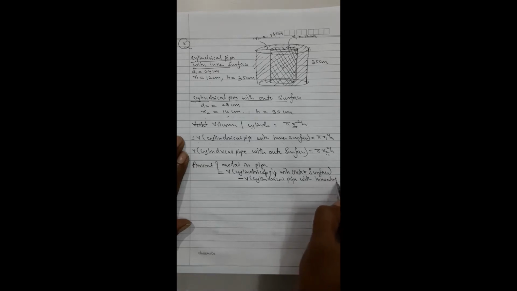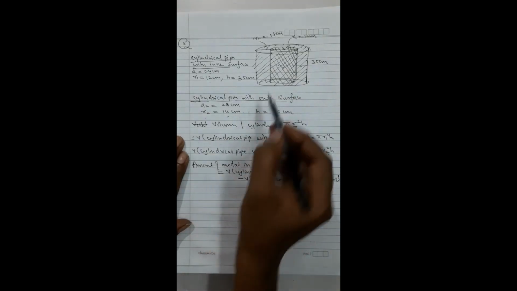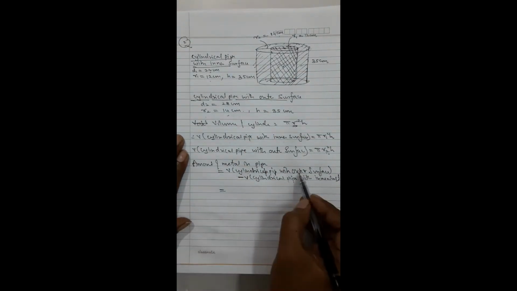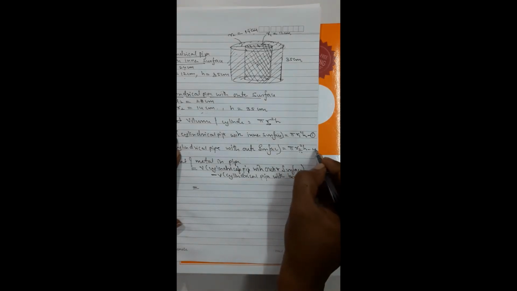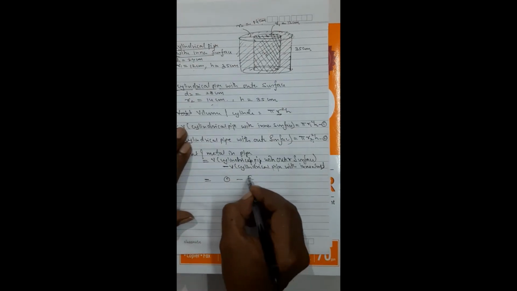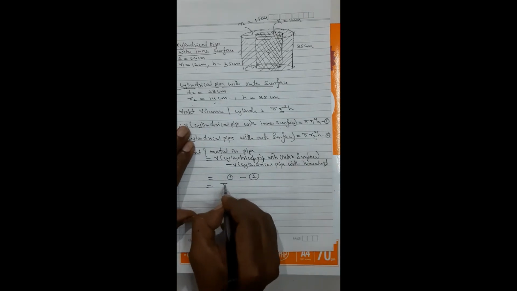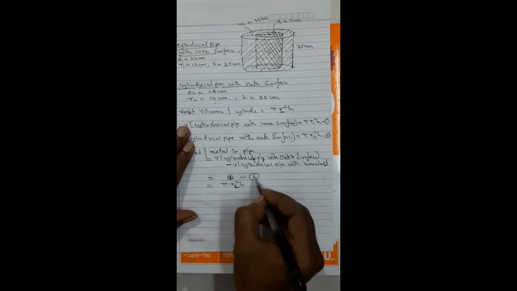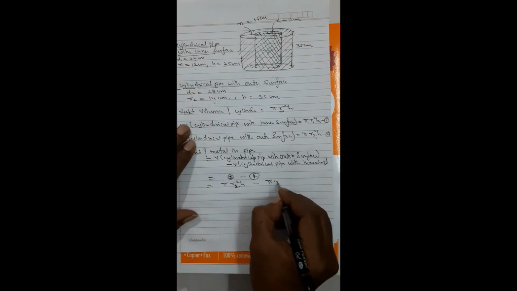As I have told you, I have to subtract the two volumes. The outer volume, which is bigger, minus the inner volume, which is smaller. Here I can write this is 1 and this is 2. 2 minus 1, my dear. Pi r2 square h minus pi r1 square h.